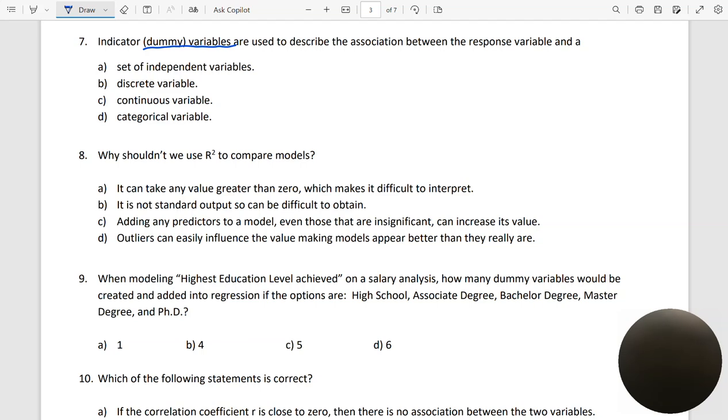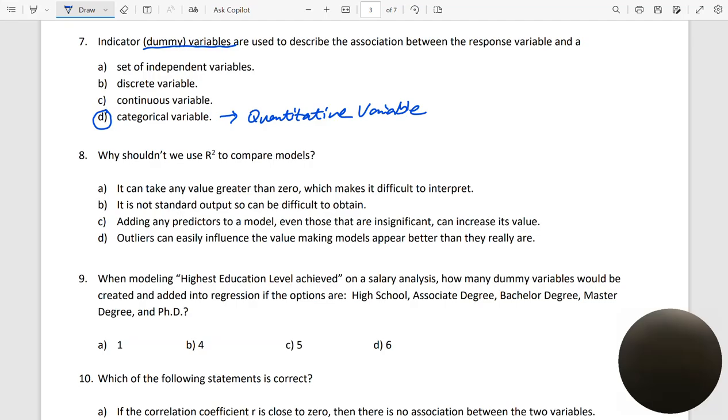So we want to change this categorical variable to quantitative variables, right? So that we can study the effect of this categorical variable. So of course, we want to study the association between the response variable and a categorical variable.